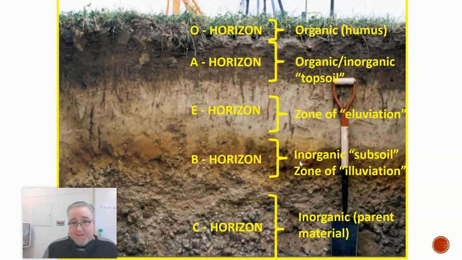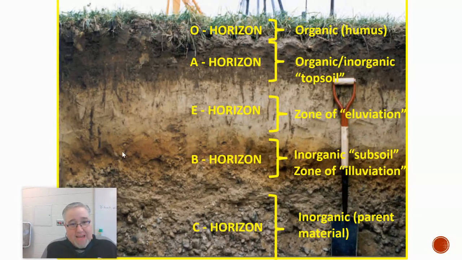And when those metals leach, they move their way through this zone of eluviation and they accumulate in the B horizon. In fact, you see in this picture how this B horizon is a reddish brown color. That is very distinctive of iron. When iron comes in contact with water, there's oxygen in water, it forms rust, iron oxide, and rust is that reddish brown color.